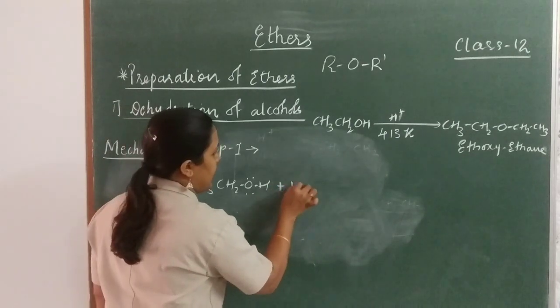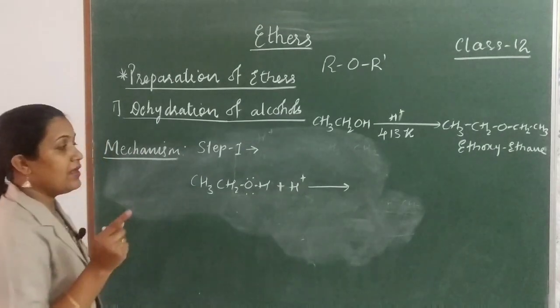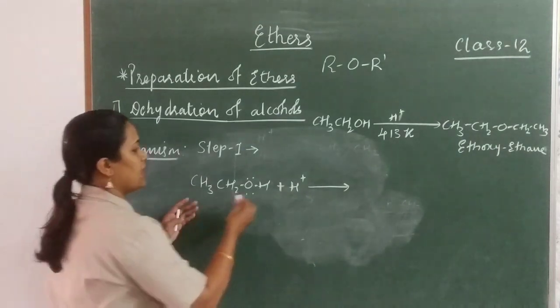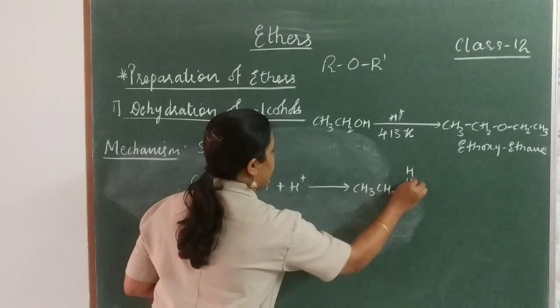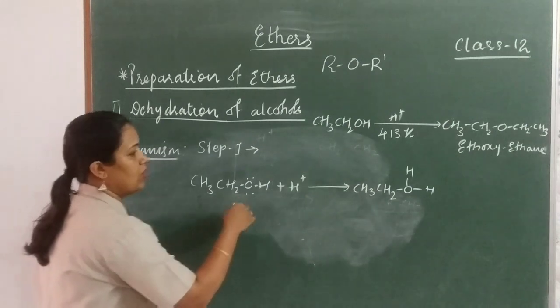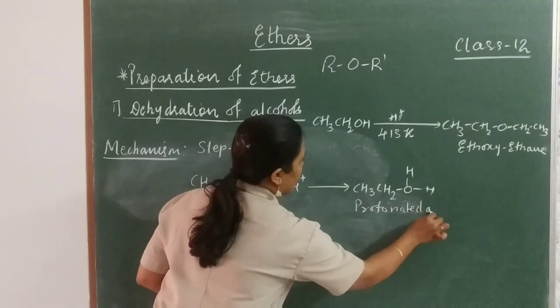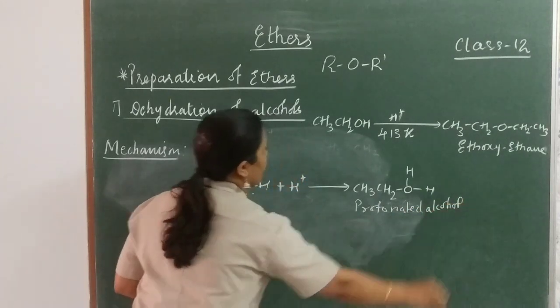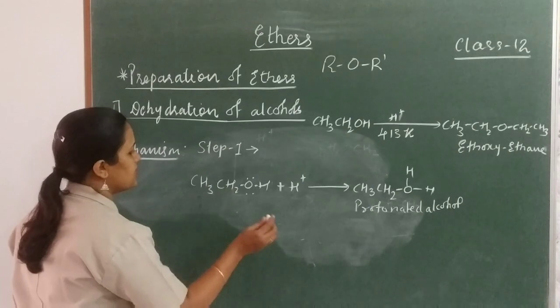When this lone pair comes in contact with H+ ions, it will attract the H+ ion and make a bond, giving CH3CH2OH with an additional H. So the alcohol is converted into protonated alcohol, and this step is similar to the previous step we studied for alcohols. Now let's see the second step.